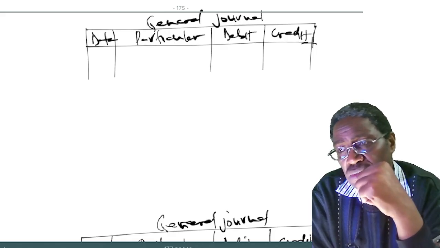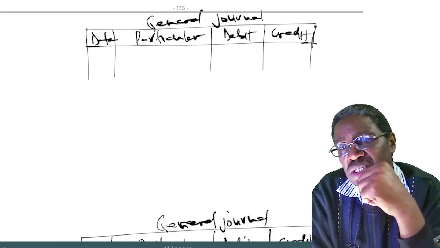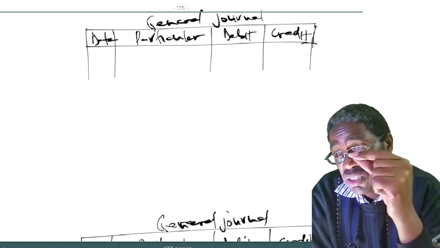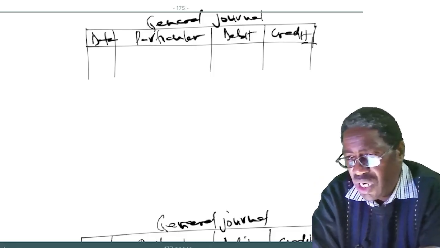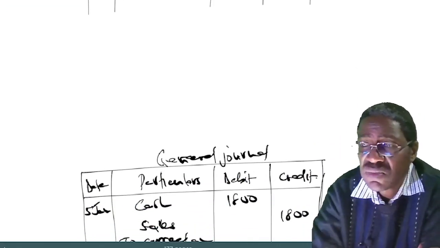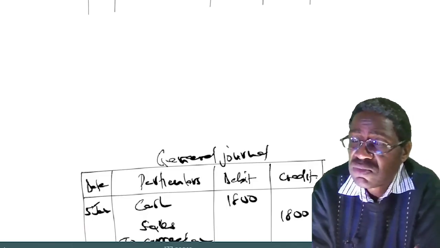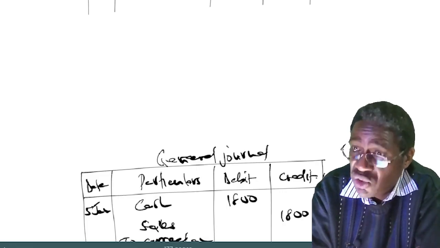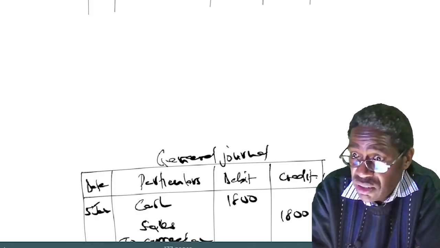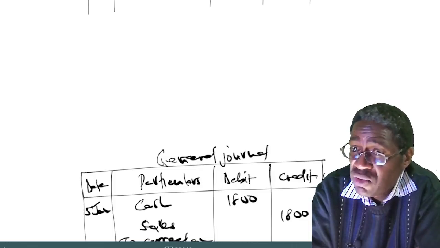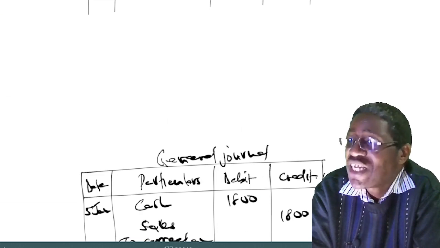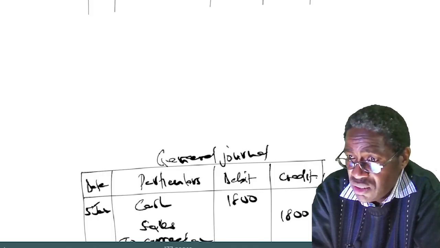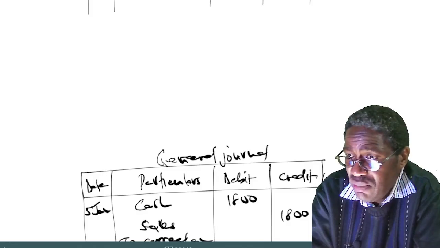Number one, cash sales on 5th January of shillings 2,000 were recorded as shillings 200. That's number one. Number two.